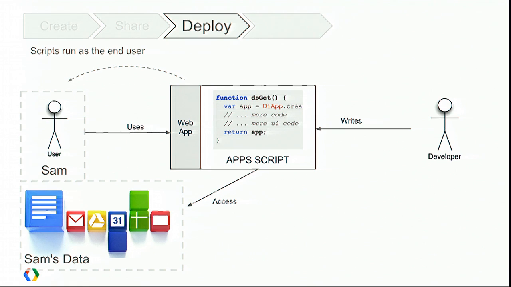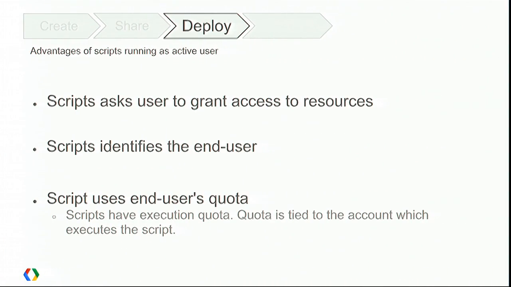But if the script could run as Sam, the user, then all of a sudden we have a whole host of new use cases that open up with web apps written using script, right? And in this case, the active user, which is Sam, is also the effective user. An effective user is a server-side concept in AppScript where it's the identity under which a script runs on the server, right? So this is the new way of deploying web apps.